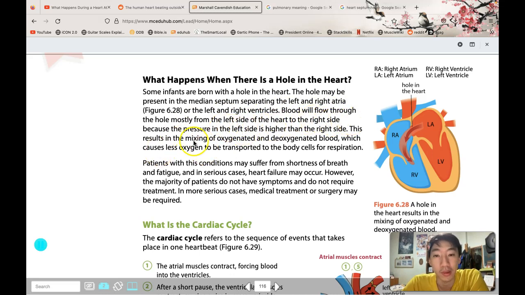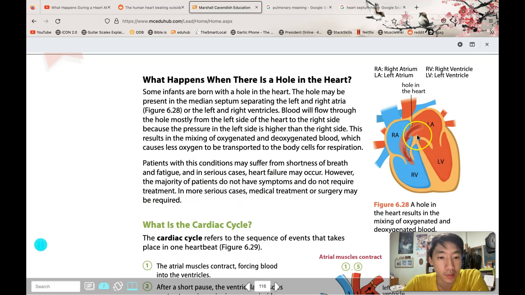This results in the mixing of oxygenated and deoxygenated blood, which causes less oxygen to be transported to the body cells for respiration. Patients with this condition may suffer from shortness of breath and fatigue, and in serious cases, heart failure may occur. However, the majority of patients do not have symptoms and do not require treatment. In more serious cases, medical treatment or surgery may be required.